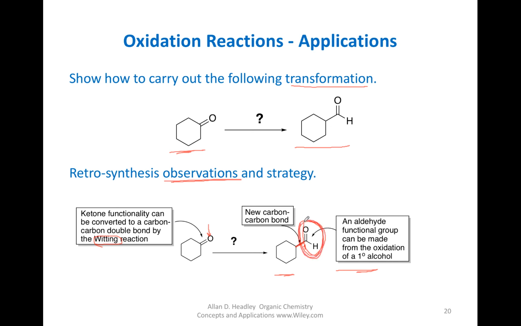So a question you should be asking is, how do I make an aldehyde functional group? You know, you can make an aldehyde functional group from the oxidation of a primary alcohol. You have a slate of reagents that you can use: PCC, Swern oxidation, or the Dess-Martin reagent.